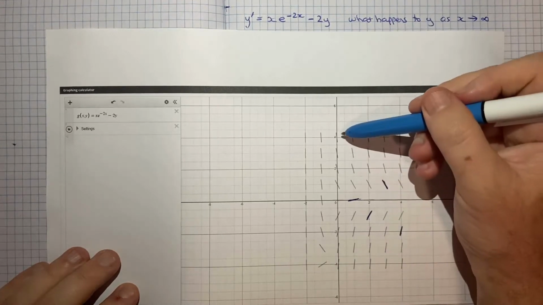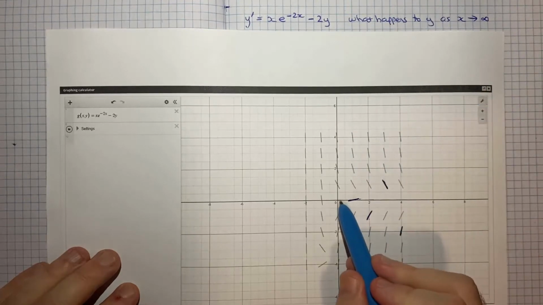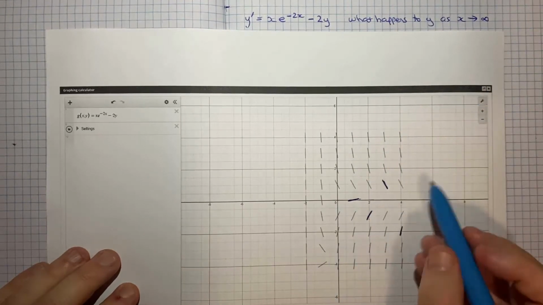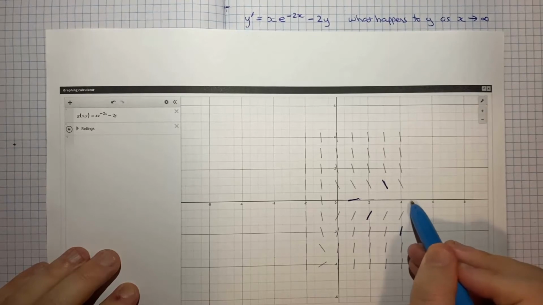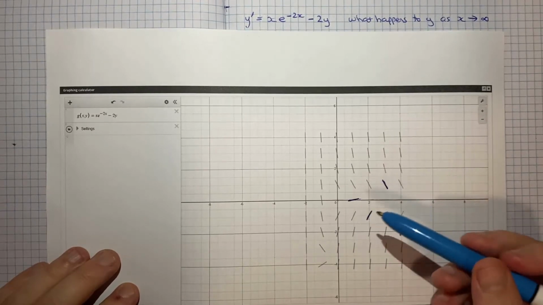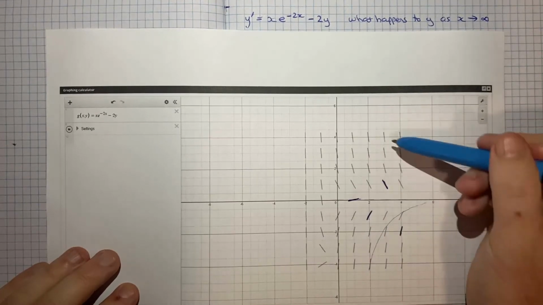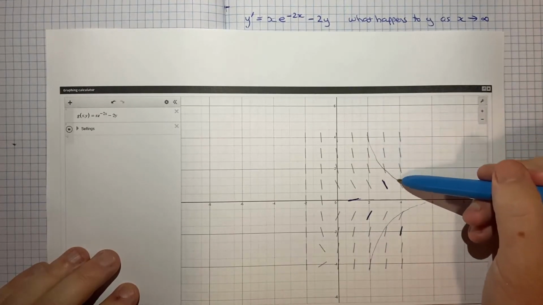And the same from above, the tangents are negative, and they get flatter and flatter. And as you get closer and closer to y 0, the tangents get really quite flat. And so that gives you the idea that the curves you're going to see are going to be asymptotic towards 0.